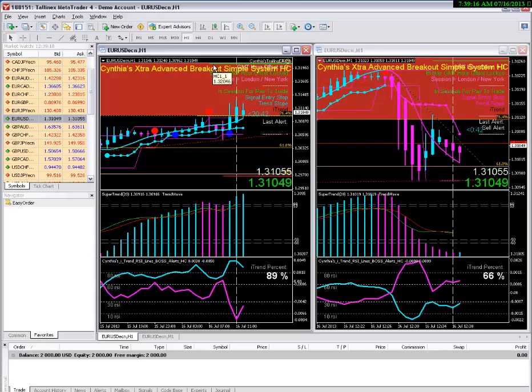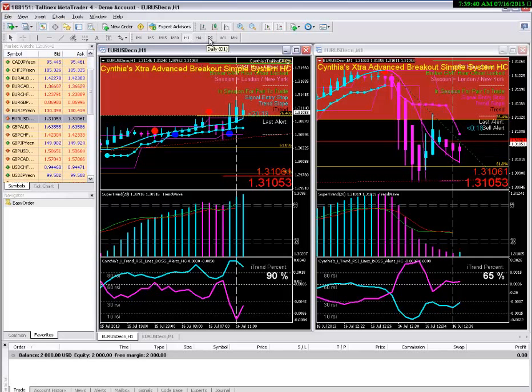That's the target for the triangle breakout pattern. So we still have some room to the upside, and the target would be right about 1.3200. So we know that in the next several hours or next 24 hours, that is going to be our target. We already know we're on an uptrend.